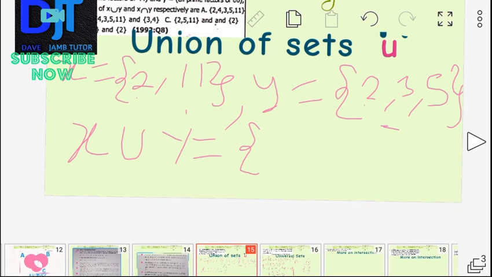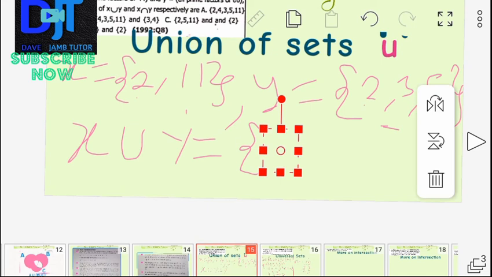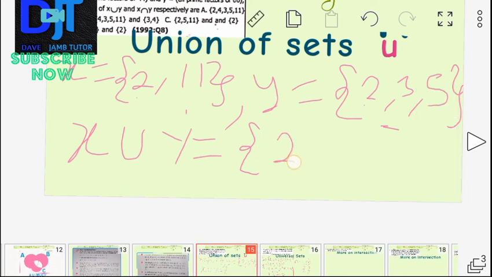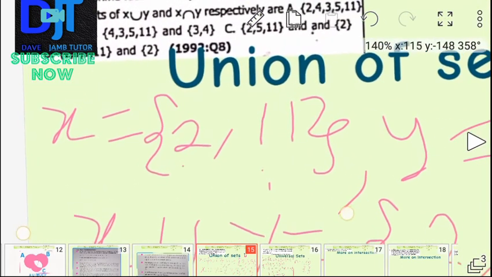So we write it out: 2, 3, 5, 11. As I explained before, it means everything in x and y is what I write out as the union, but if I find anything that exists in both, I will write it once. So our answer is 2, 3, 5, 11.